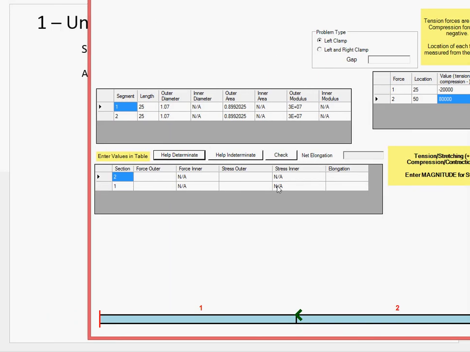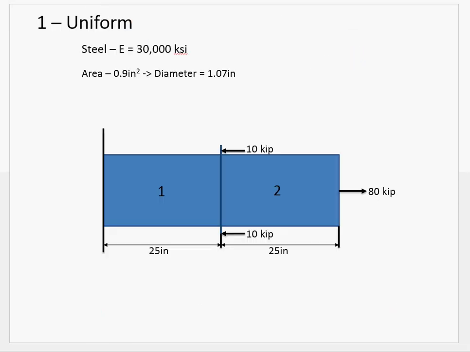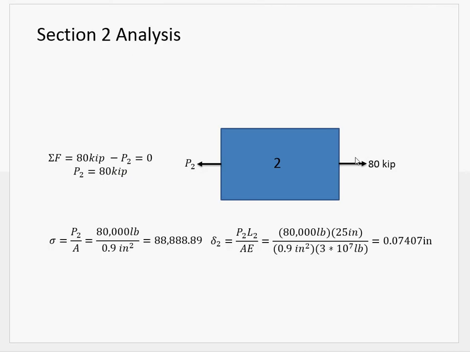Okay, so in this little table, we start putting in values for all of our calculations. Starting from the right and working left, we start with segment 2, doing your summation of forces.